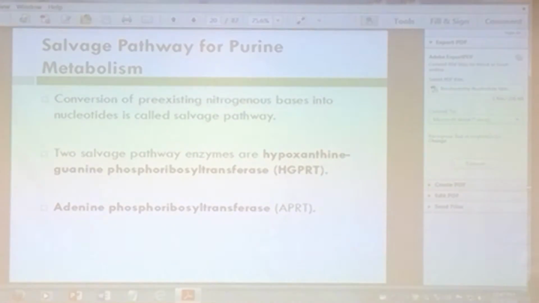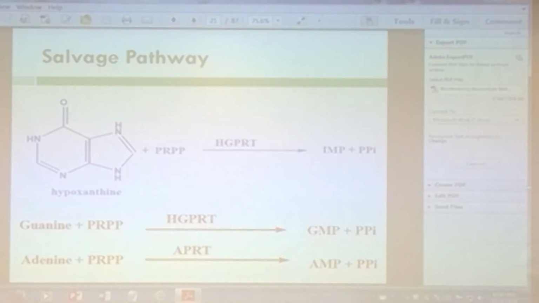Salvage pathway, basically using the pre-existing nitrogenous base and forming the nucleotide. So through diet, you consume these nitrogenous bases which can be converted into nucleotides. And the 2 key enzymes that we talked about are HGPRT, hypoxanthine-guanine phosphoribosyltransferase, and then APRT. Okay, so here's the salvage pathway.